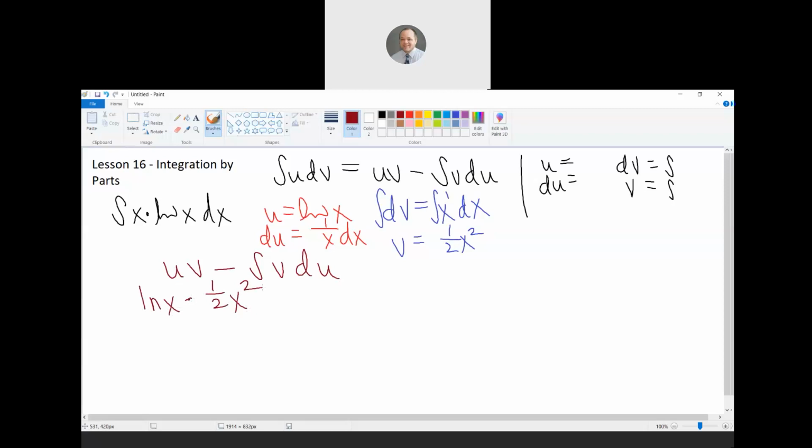Or we can go ahead and swap those around, write it properly. Minus the integral of v du. So that would be minus the integral of 1/2 x squared times du, which was 1 over x dx.